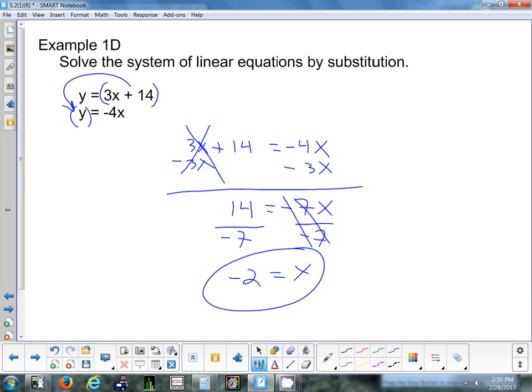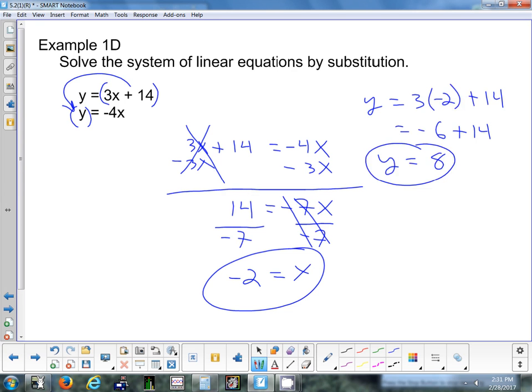Okay, let's do the top one. Antonio, what do you get if you do the top one? Y equals 3 times negative 2 plus 14. You don't need parentheses. If we do that out, 3 times negative 2 is negative 6. What's negative 6 plus 14? 8. So we get y equals 8.